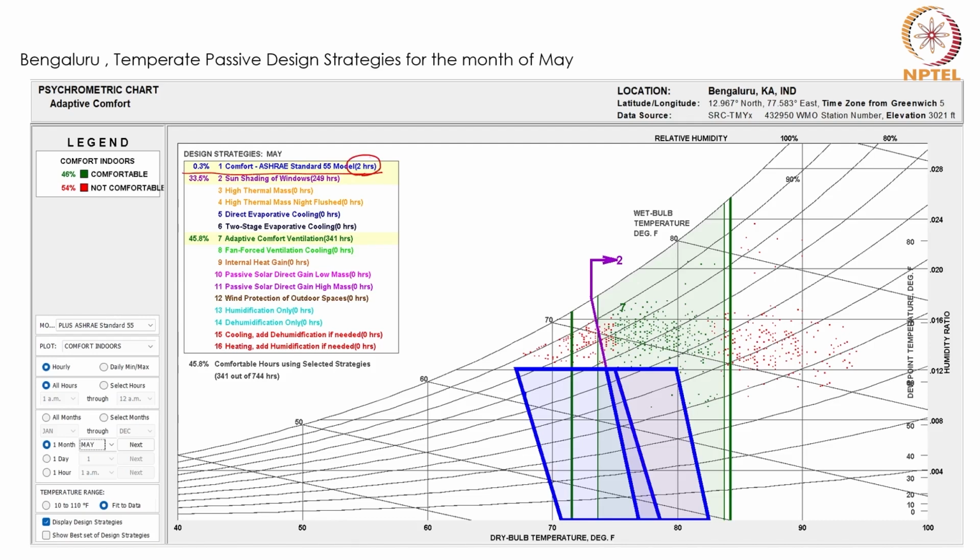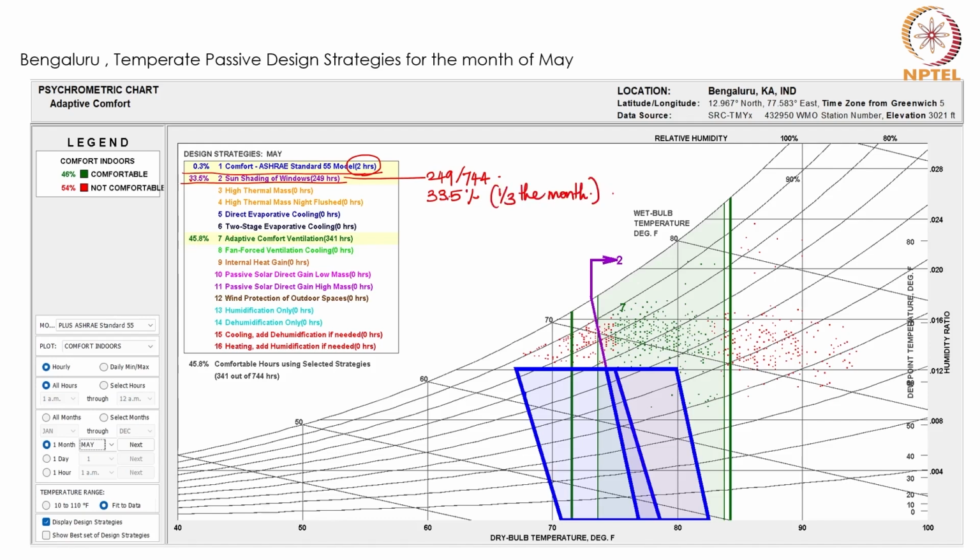Whereas, if you provide solar shading of windows, you will get 249 hours out of 744 hours to become comfortable. So, appropriate shading can enhance comfort inside by 33.5%, which is approximately 1/3 of the month of May.